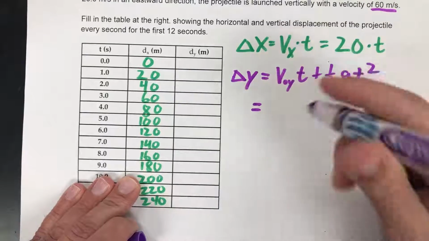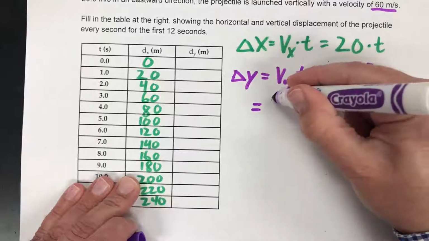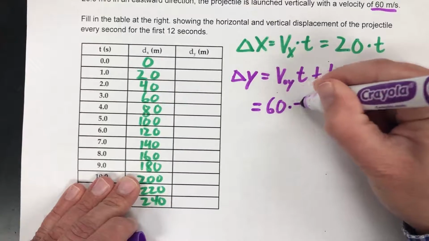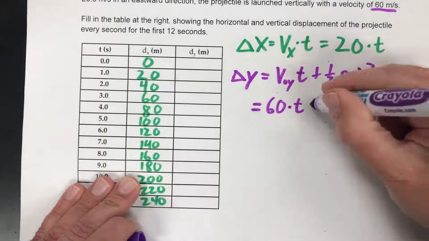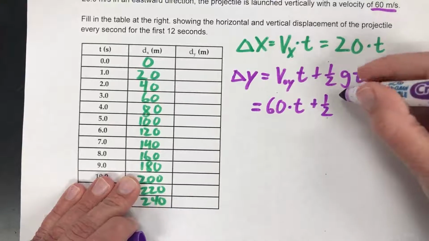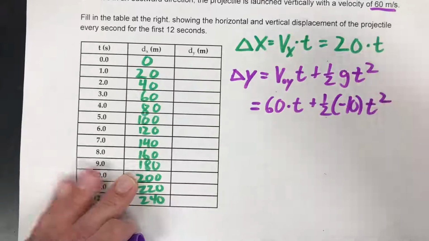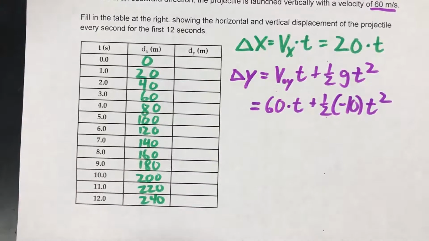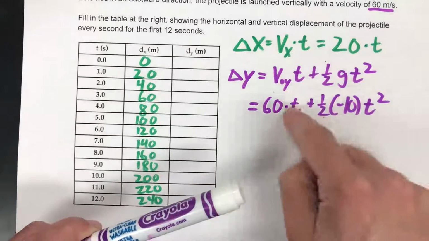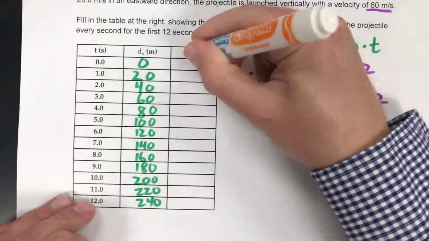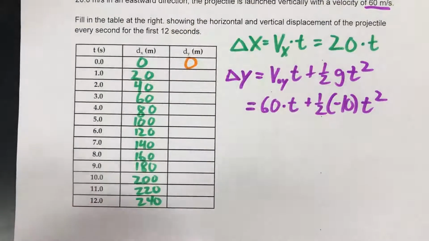So when we plug in for the specifics of this problem, our initial y velocity is 60, so we'll do 60 times t, plus 1/2 our vertical acceleration, g, is -10, times t squared. So we'll keep using this with different seconds to plug in here. Now 0 is easy. If you plug 0 in there at 0 time, you're at 0 height there.